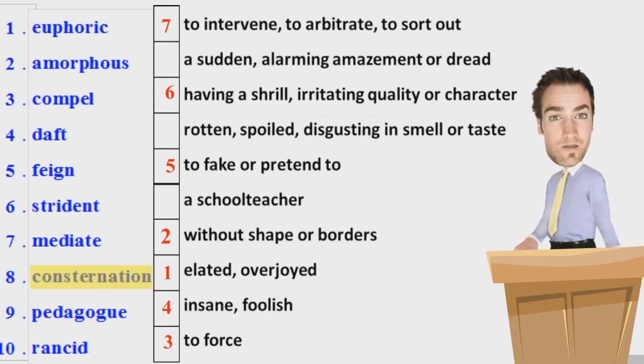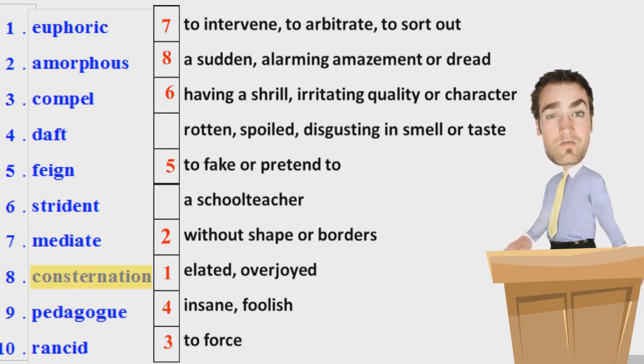Our next word is consternation. Consternation is a difficult word. It shouldn't bother you that much. It means a feeling of anxiety or dismay or dread or confusion. And it comes from two Latin words. The first is a prefix com, meaning with, and the second one is sternare, which means to throw down.